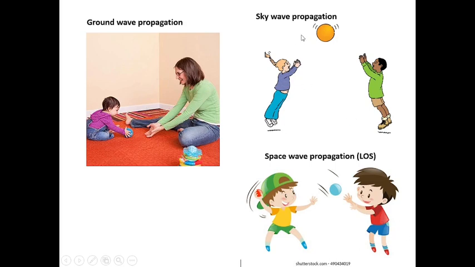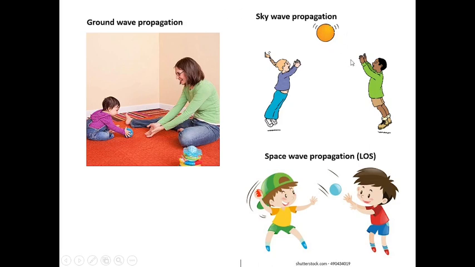The third one is sky wave propagation, in which the transmitter, this girl, is sending a ball. She is throwing it onto the roof, and from the roof the ball bounces, is reflected, and then reaches the receiver.